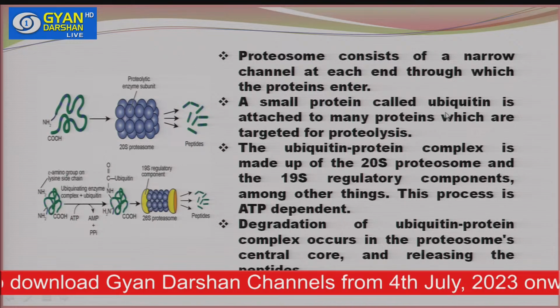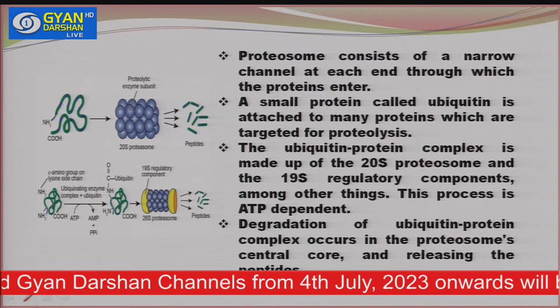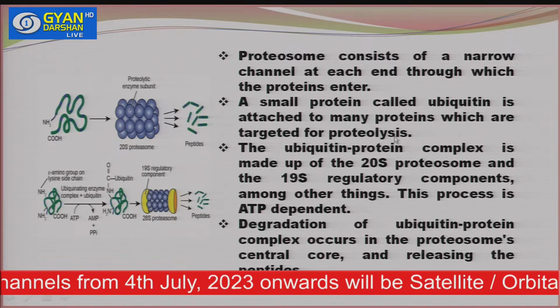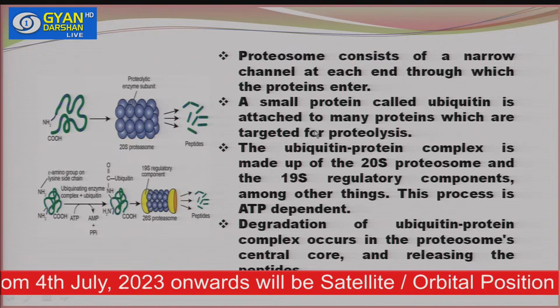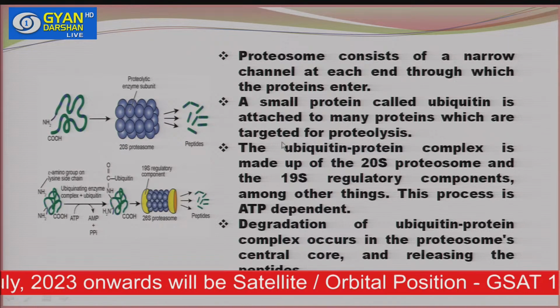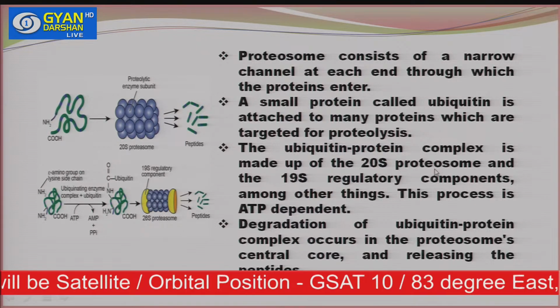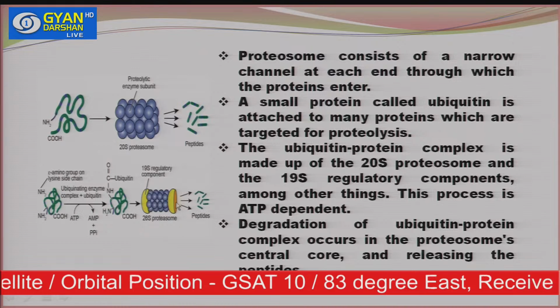A small protein called ubiquitin is attached. You can see the ubiquitin here. It is attached where the target of proteolysis will take place. The ubiquitin protein complex is made up of the 20S proteasome and the 19S regulatory component.